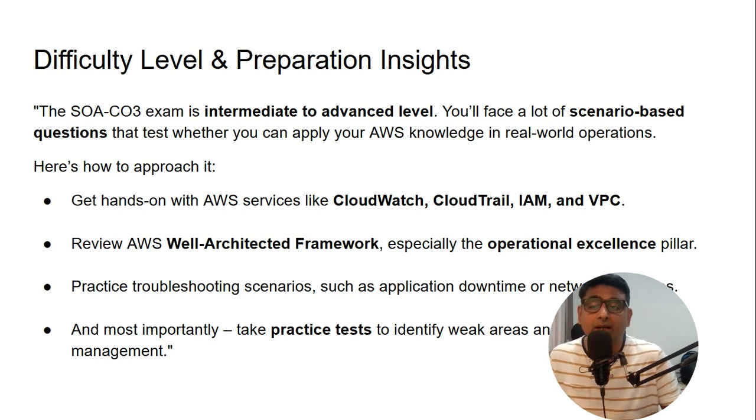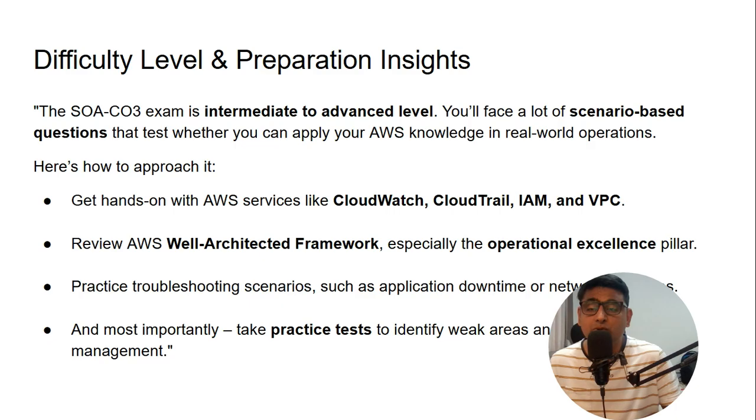Now what are the topics you need to cover with respect to hands-on? So as I said, CloudWatch, CloudTrail, IAM, VPC. You need to know how to write a script to automate resource creation, how to do that as platform as a service and infrastructure as a service, how to give access using IAM, and how to configure VPC.